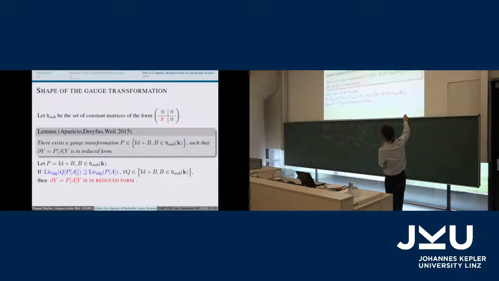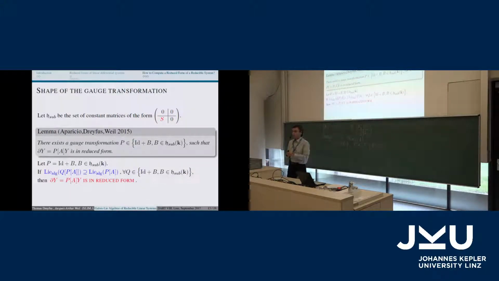So the set of off-diagonal matrices, we'll call that H sub in what follows. And the first observation is that there exists a gauge transformation of the form identity plus a matrix of that shape, so that the resulting system is in reduced form.